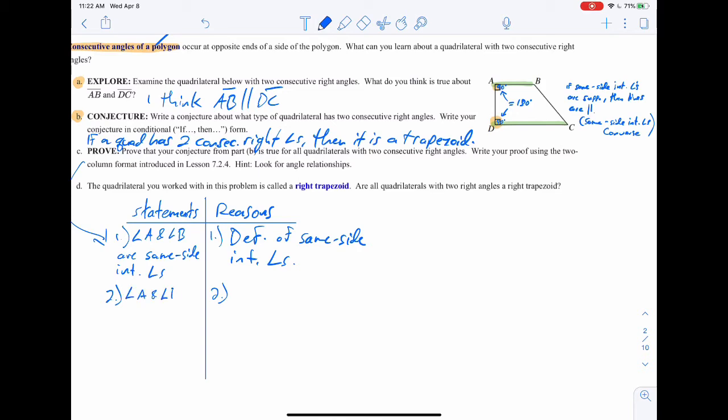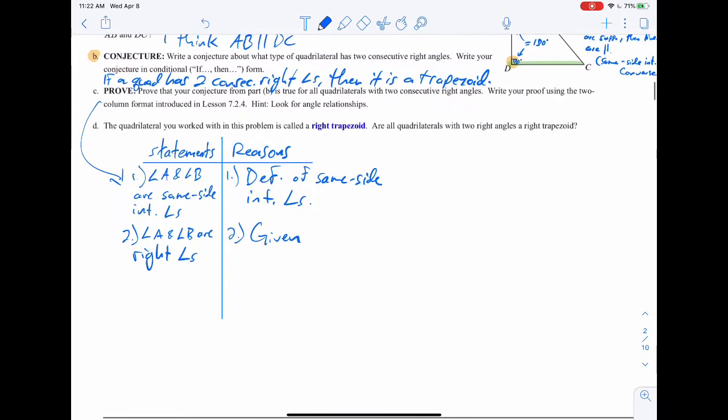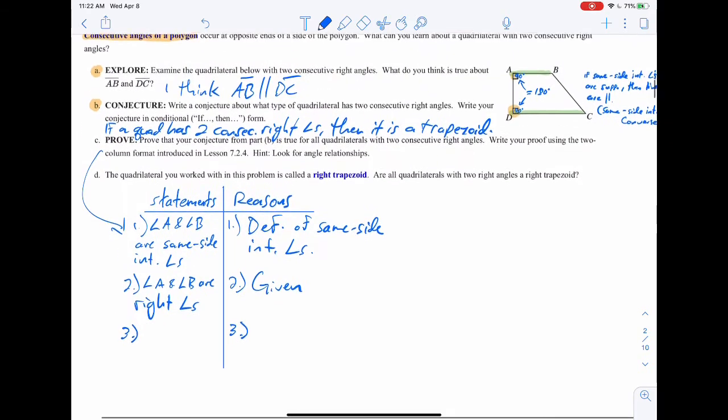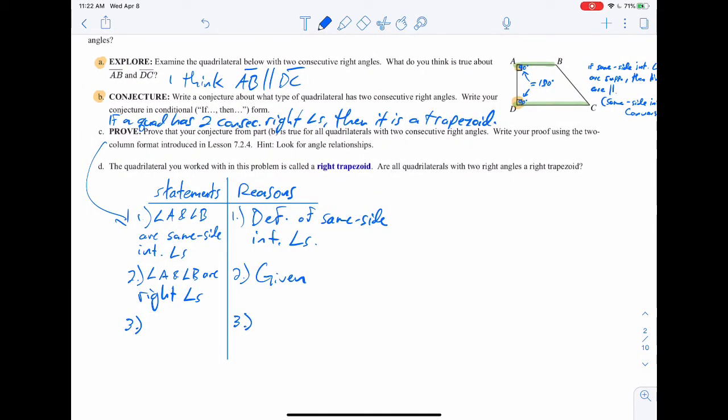We can say angle A and B are right angles. What would our reason for that be? How did we know those were right angles? That's right, that was given to us. Statement and reason 3. Angle A and angle B are supplementary angles. How do we know angle A and angle B are supplementary?